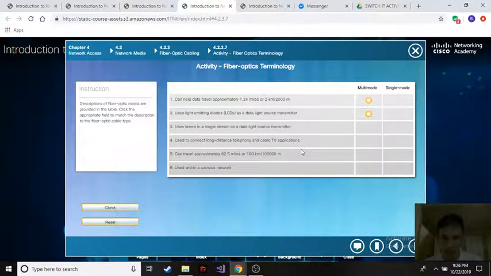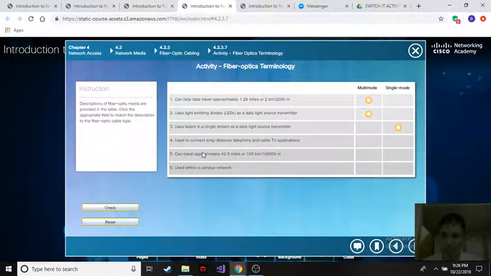And next is uses lasers in a single stream as a data light source transmitter. So the one that uses lasers in a single stream as a data light source, I think this is the single mode cable type.